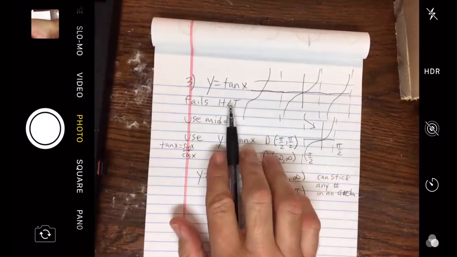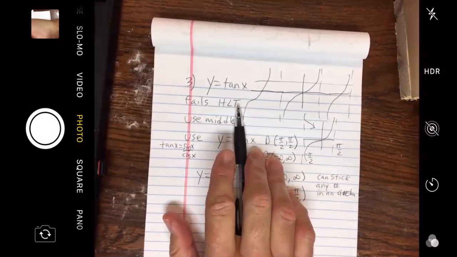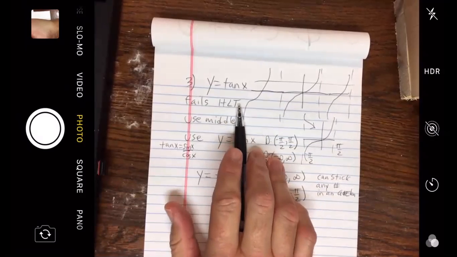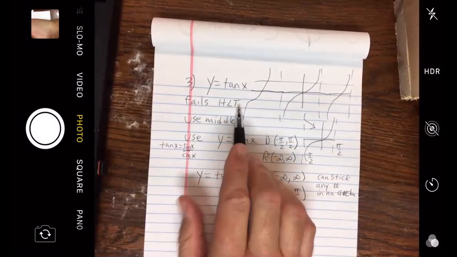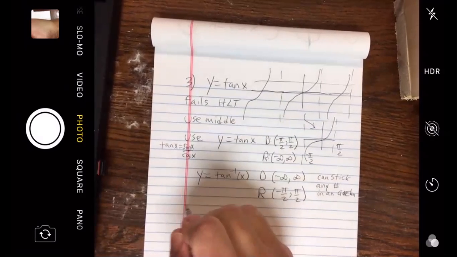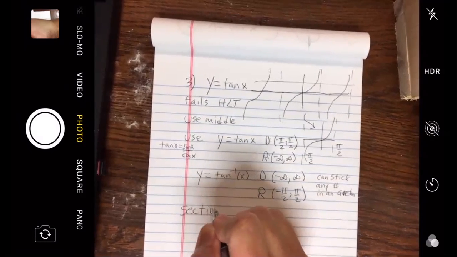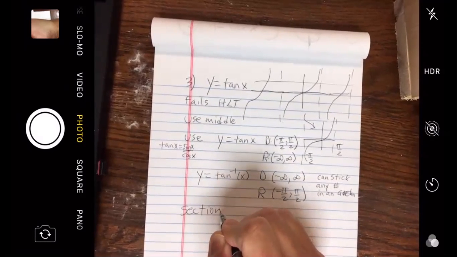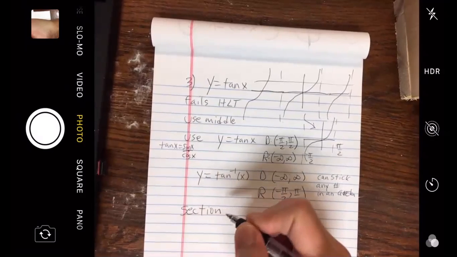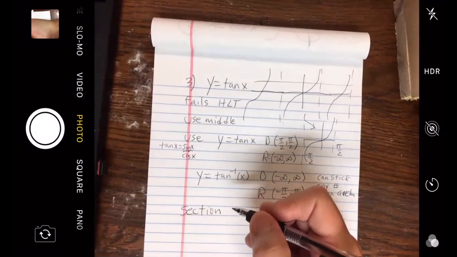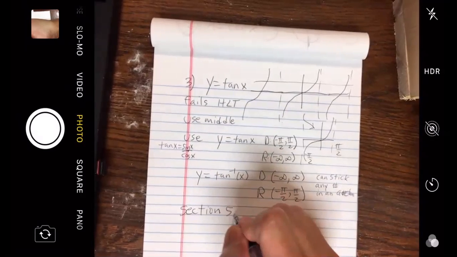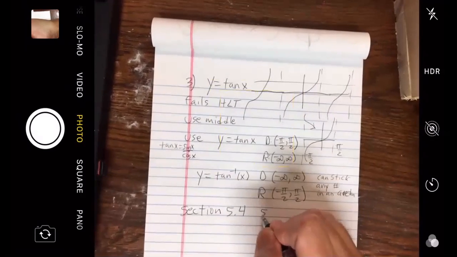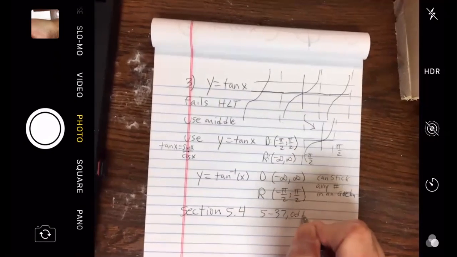Let's try a few homework problems. Make sure I get them off what I assigned you. So 5 to 37 odd, section 5.4. We had 5 to 37 odd.